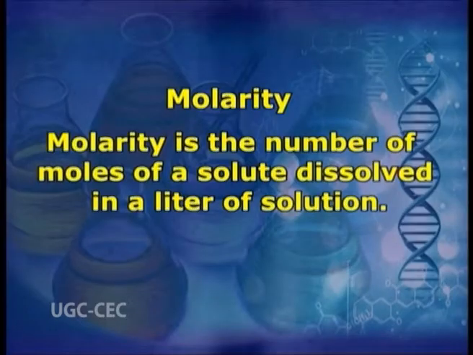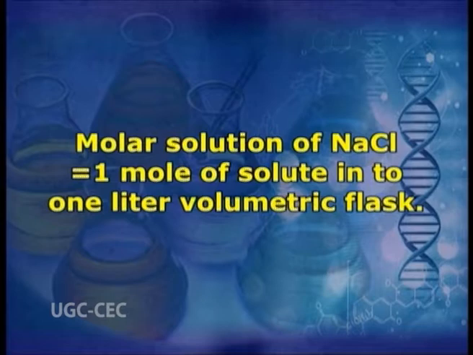Molarity. The molar unit is probably the most commonly used chemical unit of measurement. Molarity is the number of moles of a solute dissolved in a liter of solution. A molar solution of sodium chloride is made by placing 1 mole of solute into a 1 liter volumetric flask.